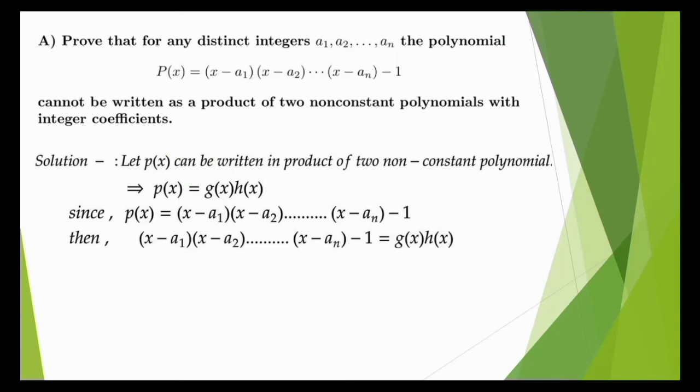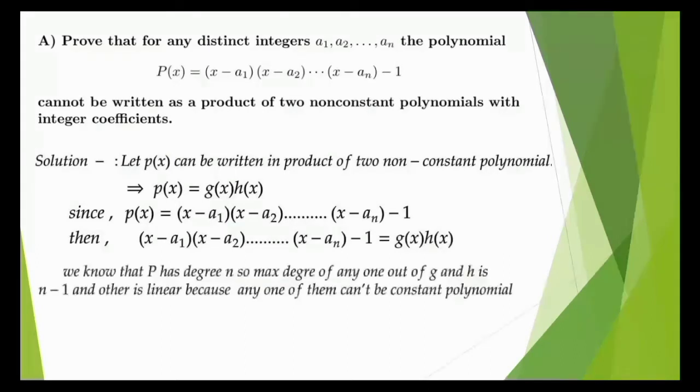Now we can say that p has degree n. So the maximum degree of any one of g and h is n minus 1, because none of them can be constant.